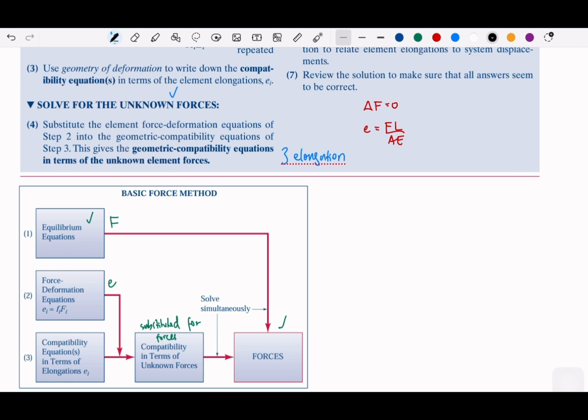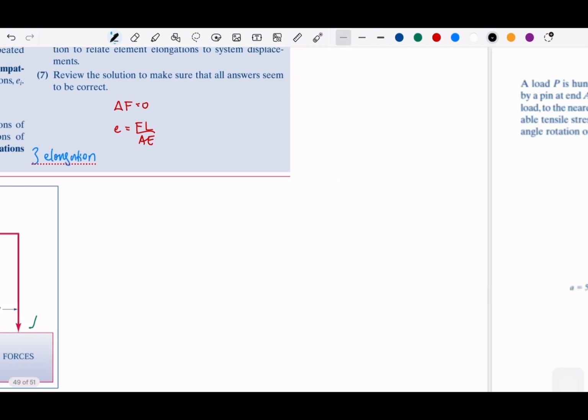Okay, I think we can try some example first. Okay, let me go for example.